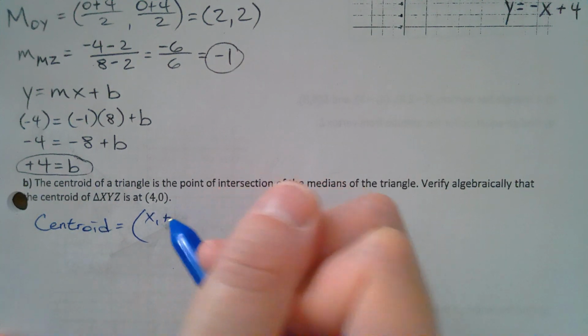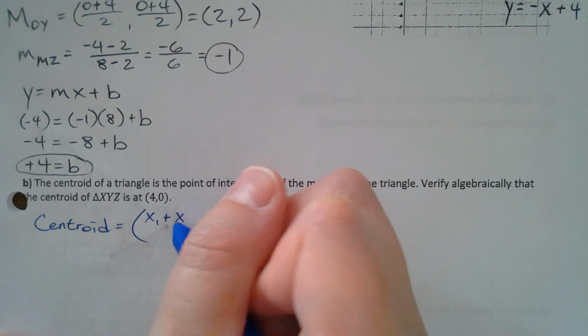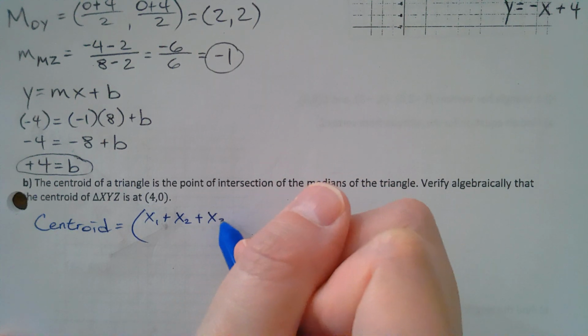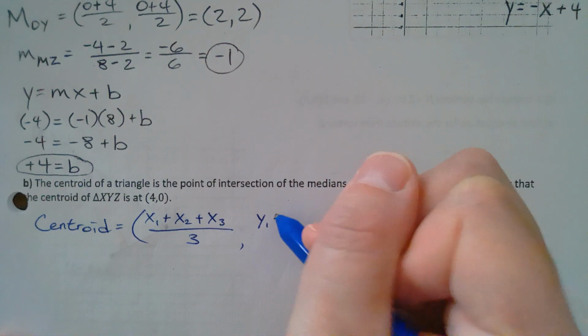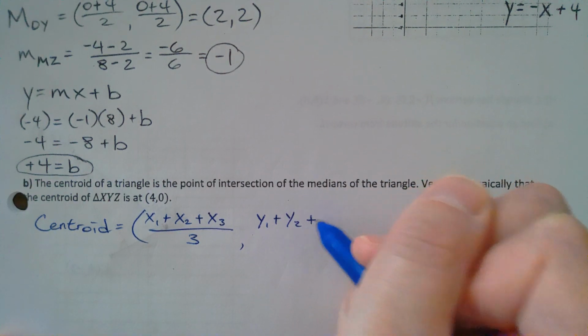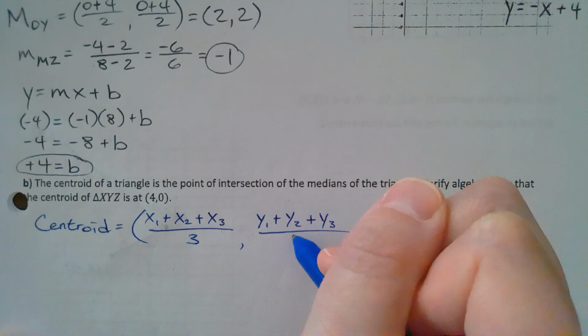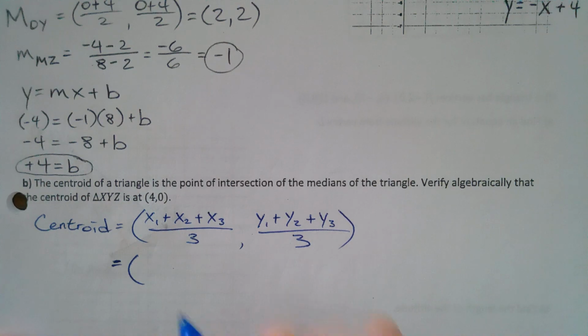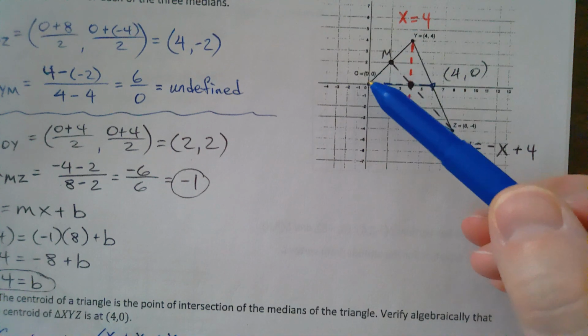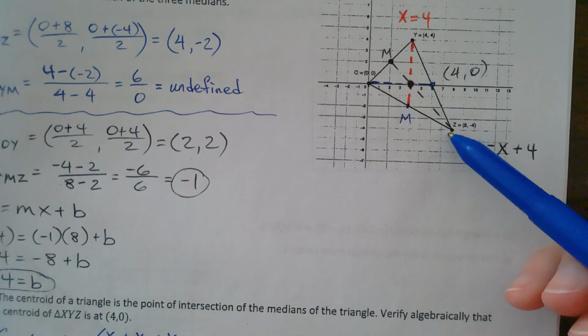X1 plus X2 plus X3 divided by 3, yes. And then Y1 plus Y2 plus Y3 divided by 3. Okay, so sub in the three coordinates, sub in the x, y, and z coordinates.